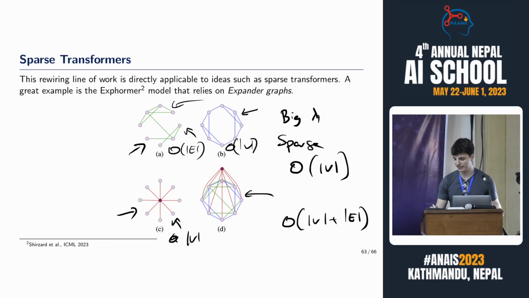So in particular, you have a number of edges that's linear in the number of nodes, okay? So you really have a graph that looks like this. You have very few edges, but actually information propagates surprisingly fast in this.